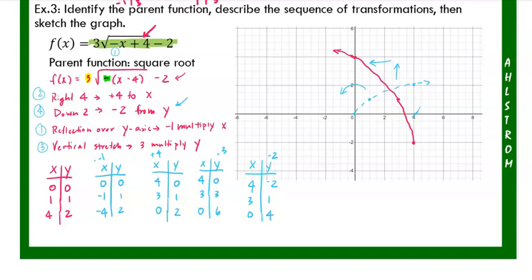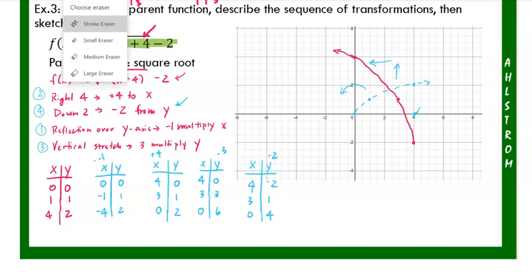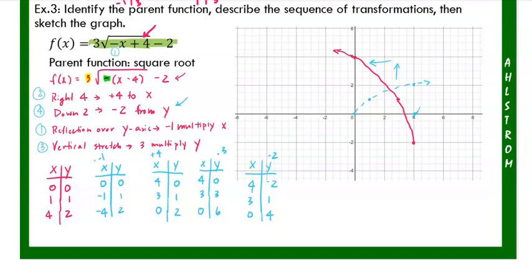And then we had to go down 2, okay? So we had to go down 2. If I can actually draw all of that, it's going to look like reflected. So that's 1, 1. And you can actually go through these points, these tables that you made, and you can see the transformations. -4 and 2.